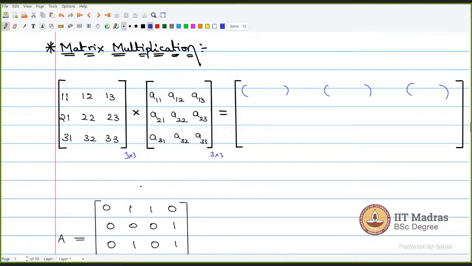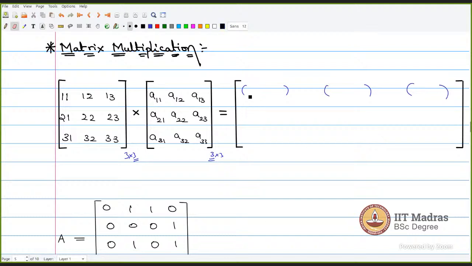In order to find the multiplication between two matrices, the number of columns of the first matrix should be equal to the number of rows of the second matrix. Then only you can perform matrix multiplication. If that is different, you cannot perform this multiplication.